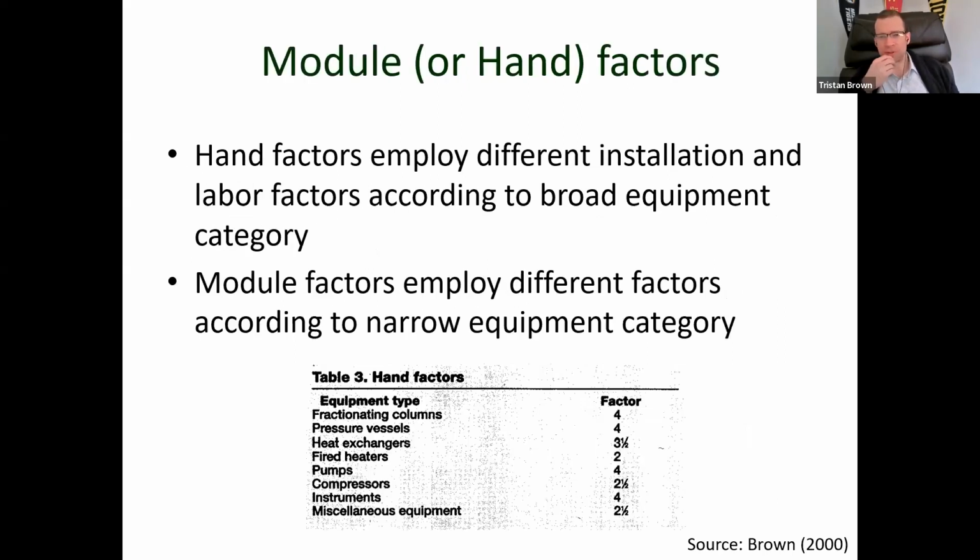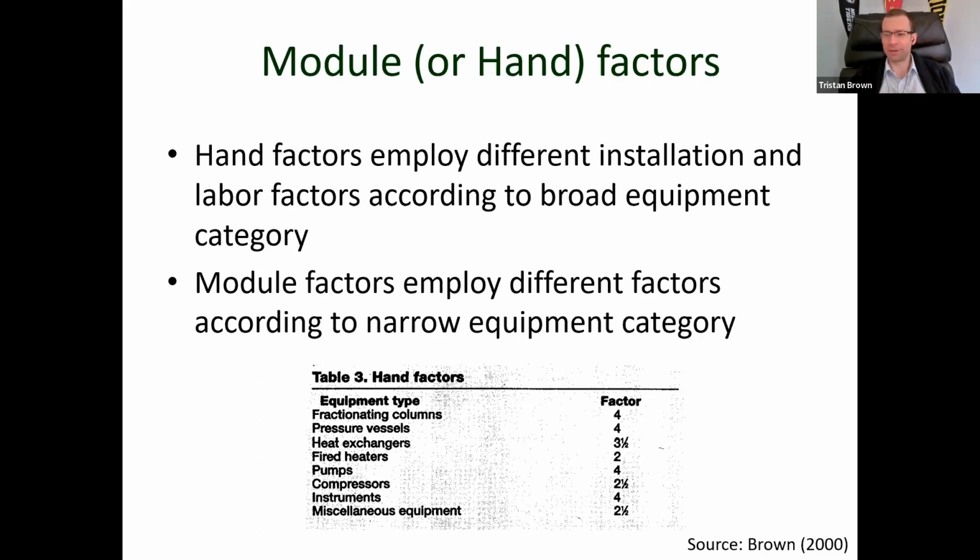More complex is what's termed the module factors or hand factors, and these employ different installation and labor factors according to broad equipment category. So, more difficult to do, more time intensive, because you have to actually break down your different equipment types rather than saying, well, we're just handling solids or we're just handling liquids. Module factors employ different factors according to that narrow equipment category. So, if you have pressure vessels, that's one factor.